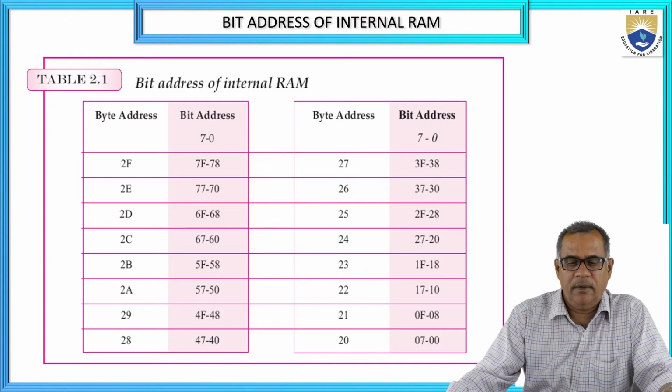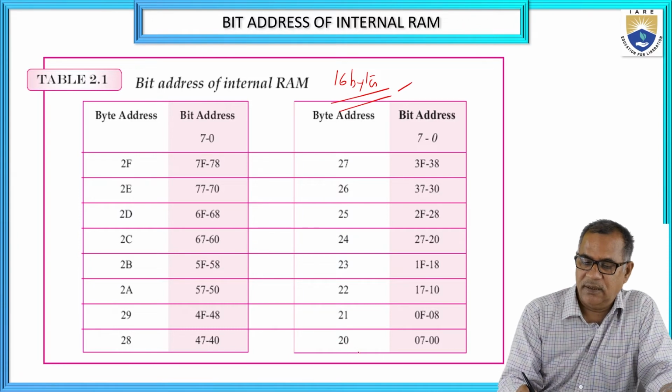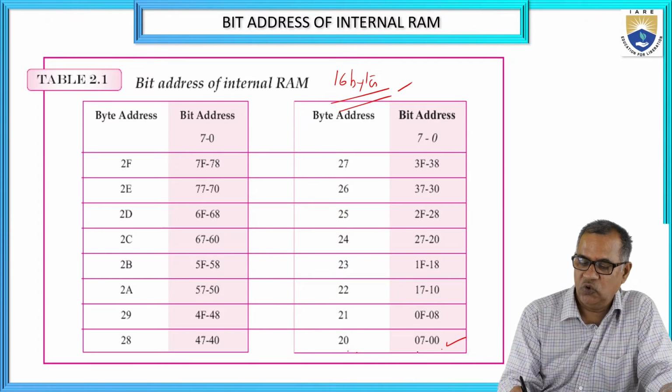And the bit addressable RAM, just now I mentioned, is 16 bytes. This is a byte address and the corresponding bit address. So for byte address 20, the bit address is 00 to 07. Then for 21, it is 08 to 0F.